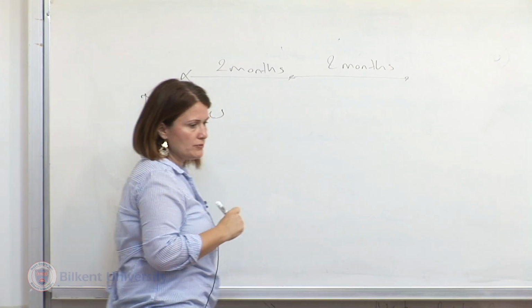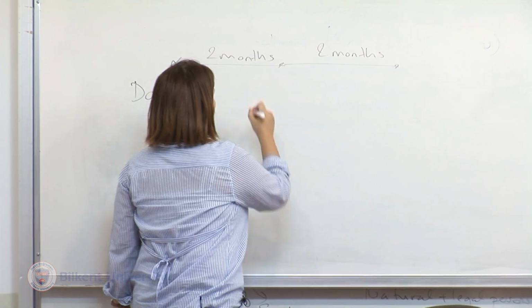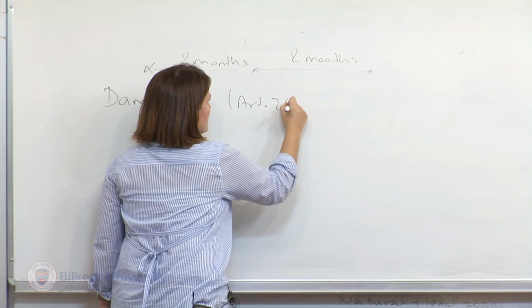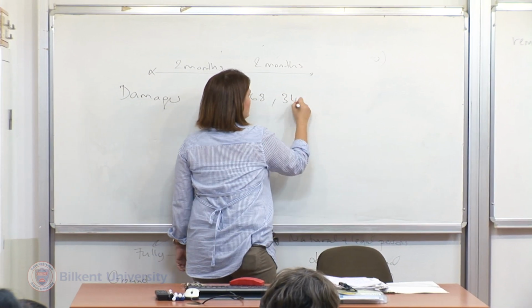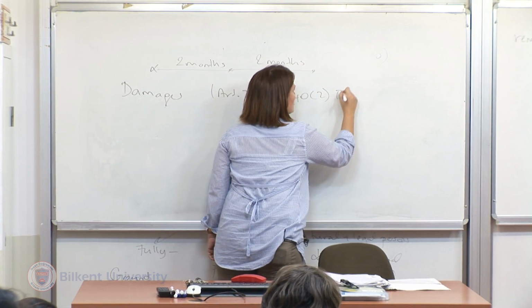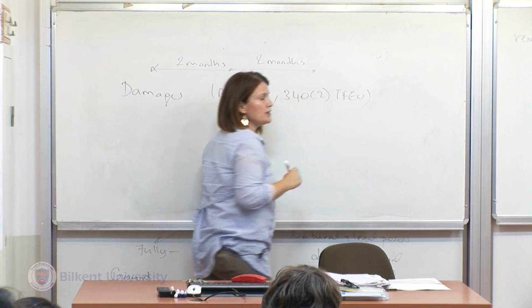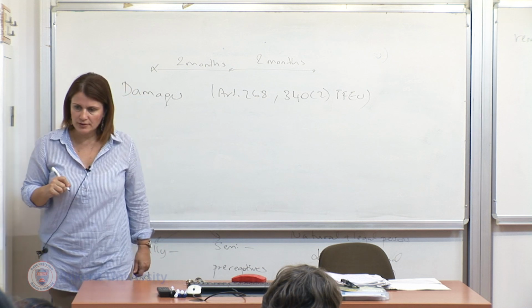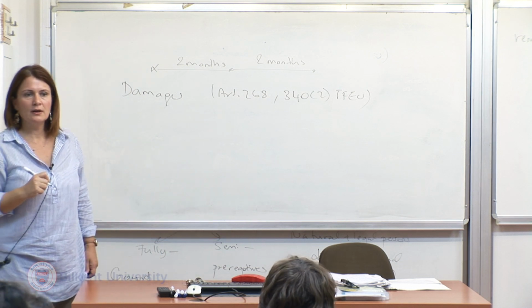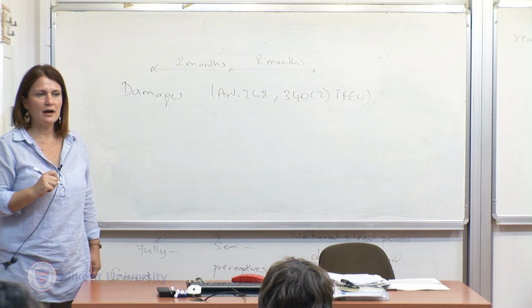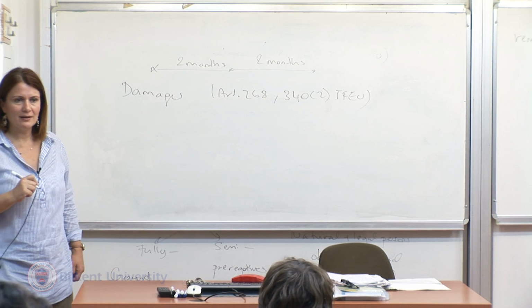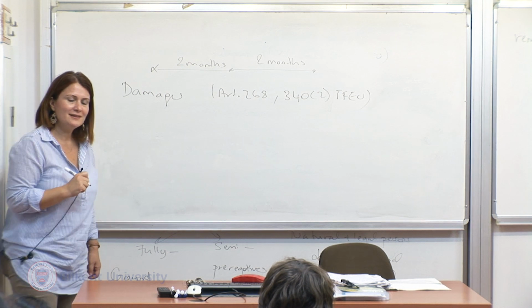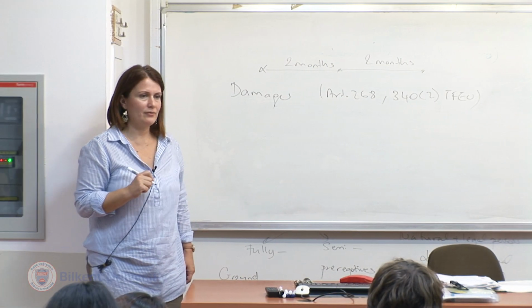According to the founding treaties, Article 268 and 340, paragraph 2 of the Treaty on the Functioning of the EU. Paragraph in Turkish? Fıkra. Article, madde. Paragraph, fıkra. Band, subparagraph.